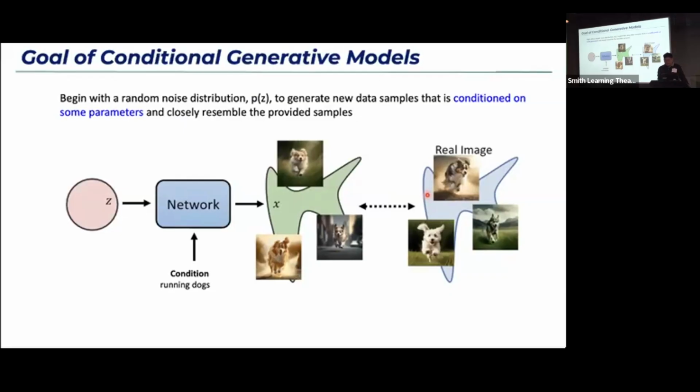As you can see, output X here isn't just a random animal, it's a variety of dogs that are specifically in motion, closely resembling the real distribution of running dog images. That's why, for example, in those image generating models, if I want a running dog, I give this condition to those models, and they can generate the dog that is running, right?